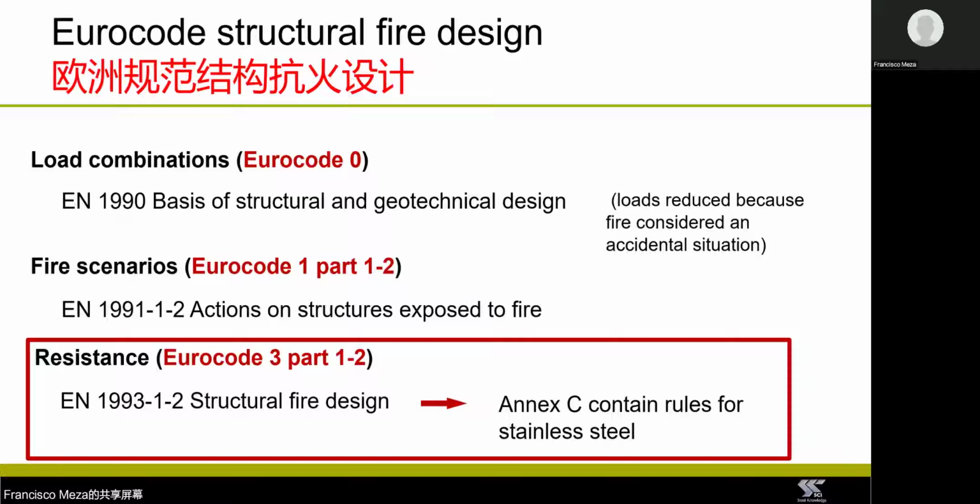Therefore, the load factors used to calculate the design loads for the fire situation are lower than the ones used for ambient temperature design. In general, the design loads in a fire situation are going to be less than 70% of the design load used at ambient temperature design.